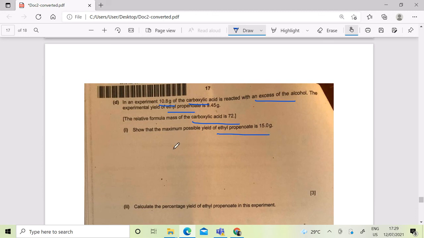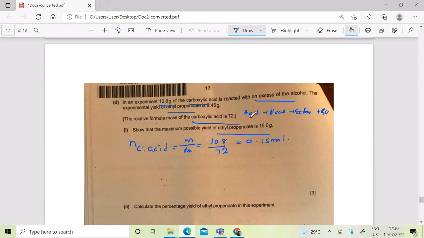In this case, first we calculate the number of carboxylic acid moles. Moles is mass over MR, so 10.8 divided by 72. You will end up with 0.15 moles. The acid reacts with alcohol, giving you ester and water.